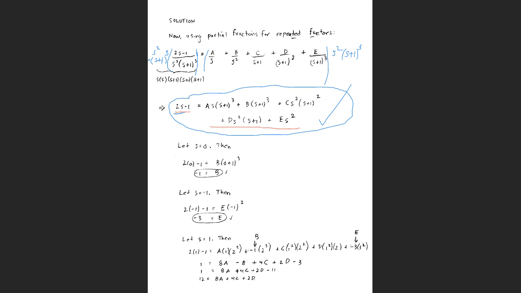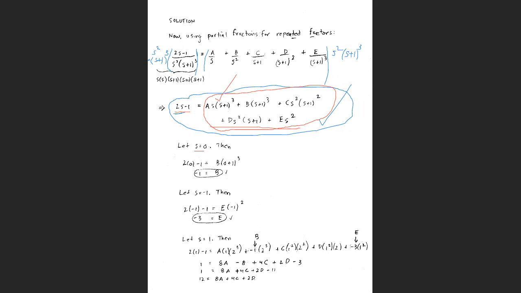So I think to myself, what's a nice value of s that would make a lot of the terms on the right-hand side drop out? Well, let s equal 0. If s equals 0, the first term will equal 0 because you have an s in there.